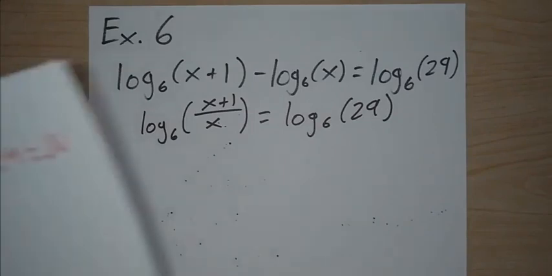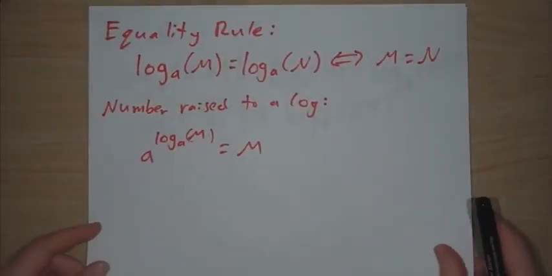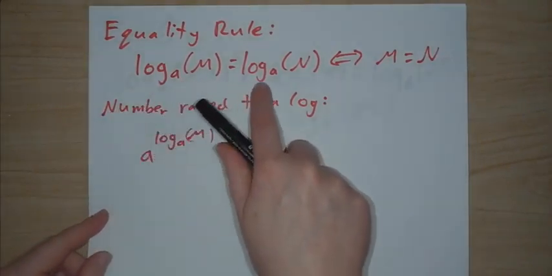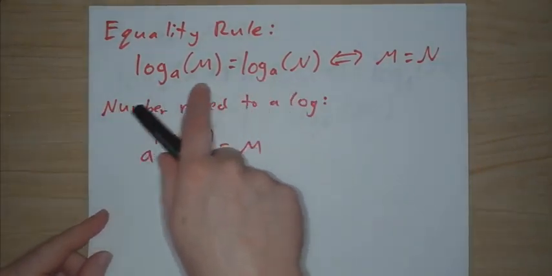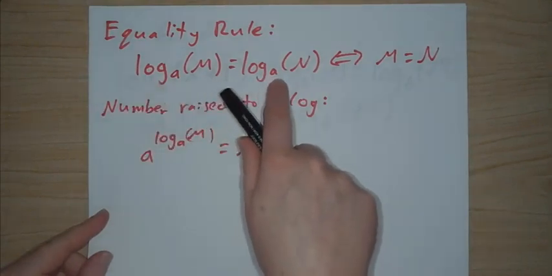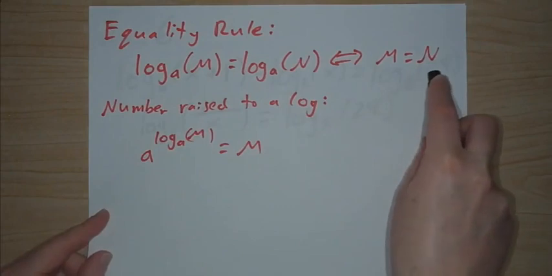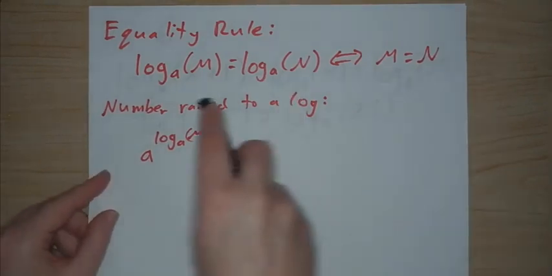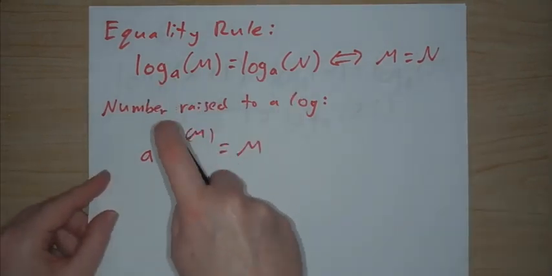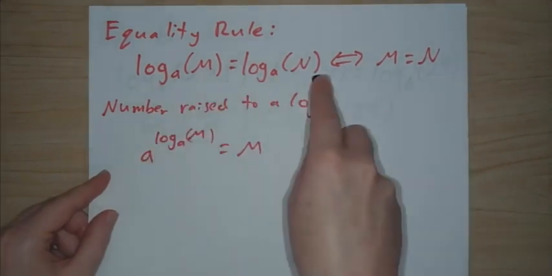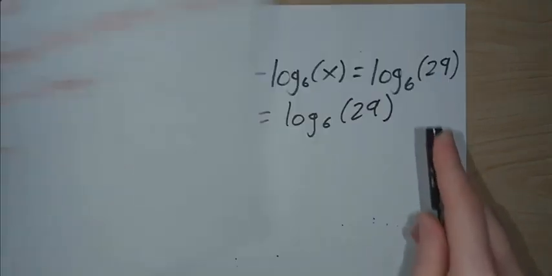But by far the easiest rule to use to simplify what we have now is the equality rule, where log base a of m is equal to log base a of n. Two logarithms that have the same base and are equal to one another means m is equal to n. Essentially we're looking at the logarithm as a function of m and n, and we can simply undo it.